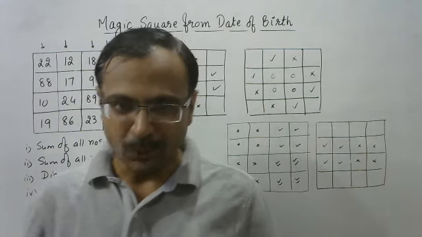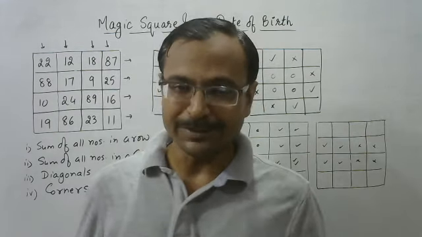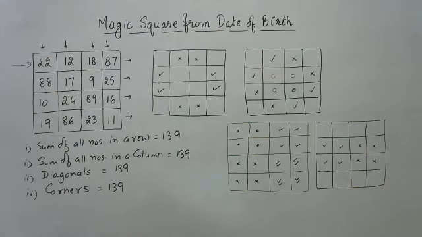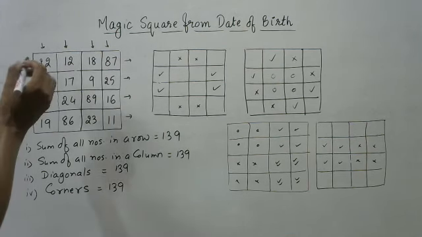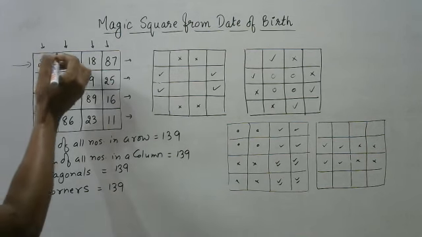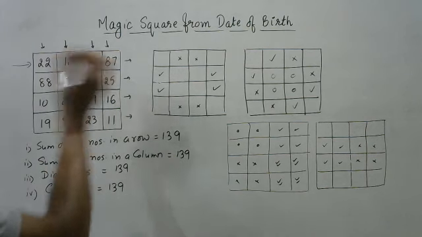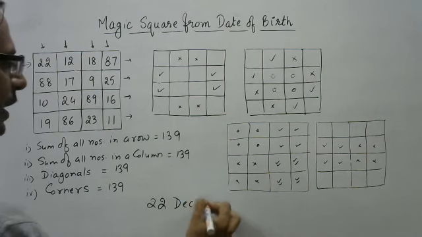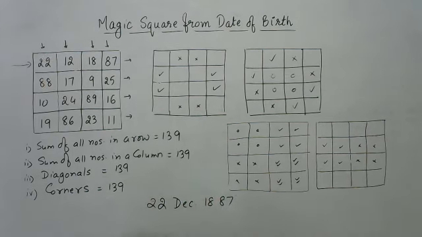And why I call this trick as magic square from date of birth? This particular row, the first row which I have written here, is actually 22nd December 1887.